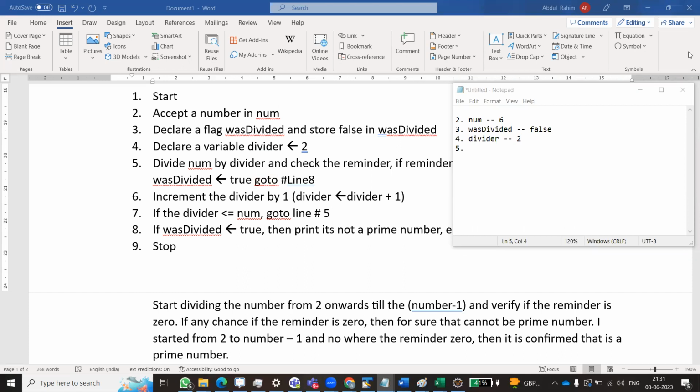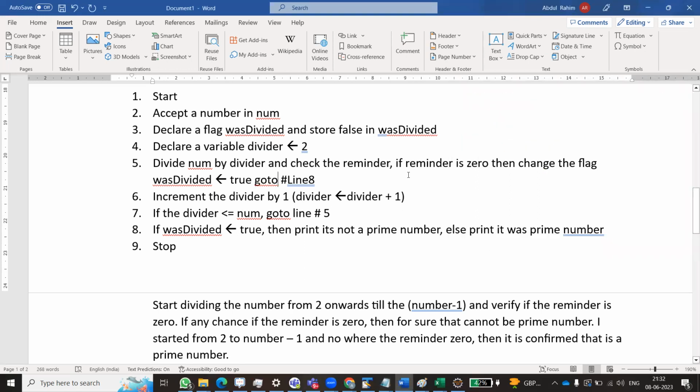So divide num by divider, right? Yes, sir. Num is 6, so divide 6 by 2. The moment you divide 6 by 2, what is the remainder? Remainder becomes 0.